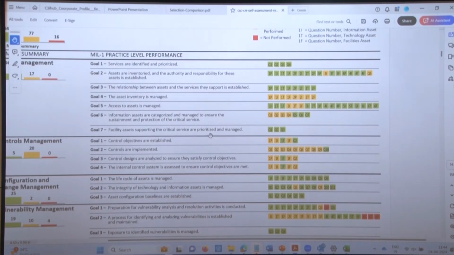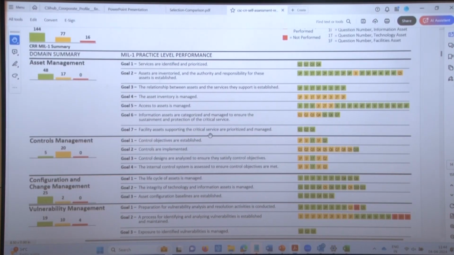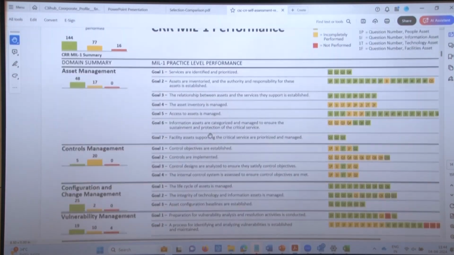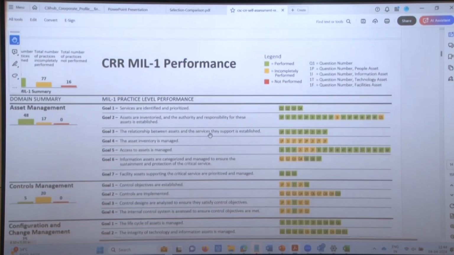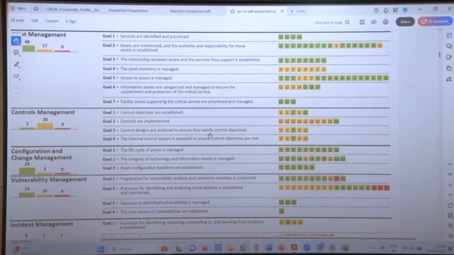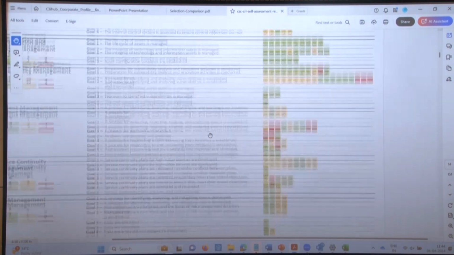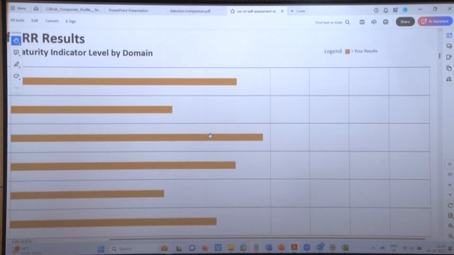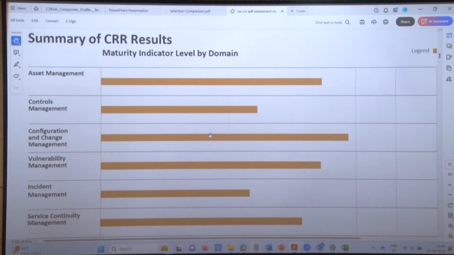It also gives you another view of which questions you are missing, which you answered partially, and which you answered no. That gives you an overall view. After the assessment, the CISO and their team analyze it to decide how to go about fixing whatever is missing, and they also have to set a goal.